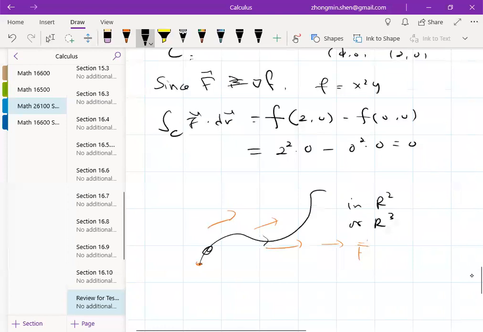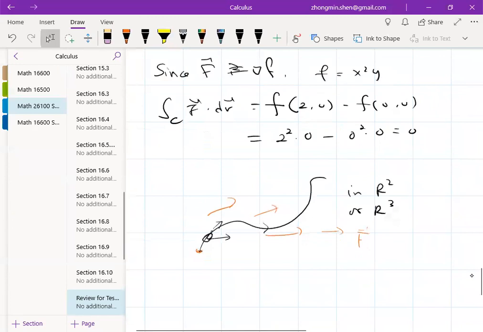So you can push the force, but the force direction is in that direction, while the actual force acting on the object is tangent to the curve. So the actual force is F dot the unit tangent vector, the dot product.